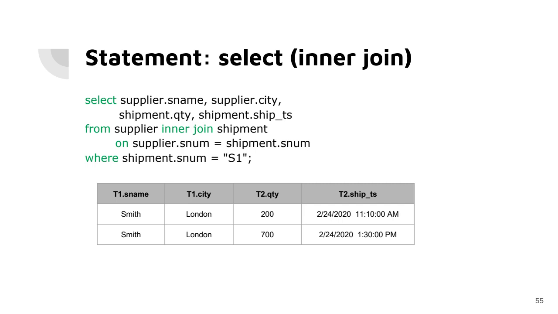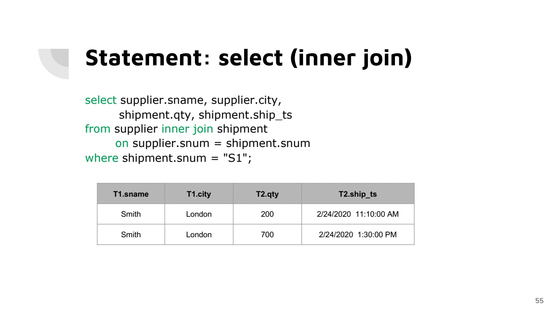For instance, I want the supplier name and supplier city, but also the shipment quantity and the shipment timestamp. So here, supplier name and city are from the suppliers table, so that must be in the from. The second table we need is the shipment table, because we want the quantity and the shipment timestamp.